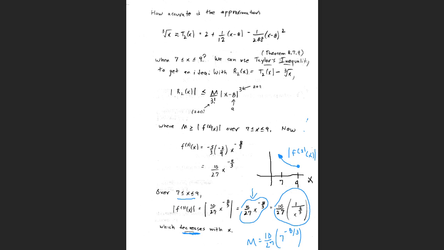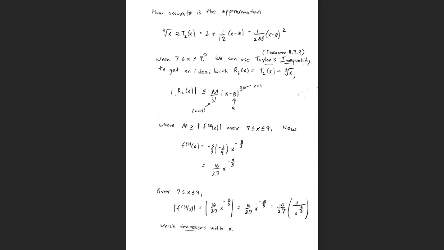And if you ever have a derivative that's like a cosine or a sine or a minus sine or a minus cosine, then you just take m equal to 1, because we always want m to be easy to find. But in this case, this is easy. This third derivative decreases with x, so m is maximized at x equals 7. So m is 10/27 times 7 to the negative 8/3 power.